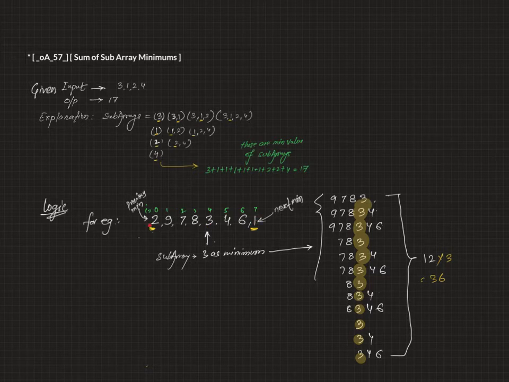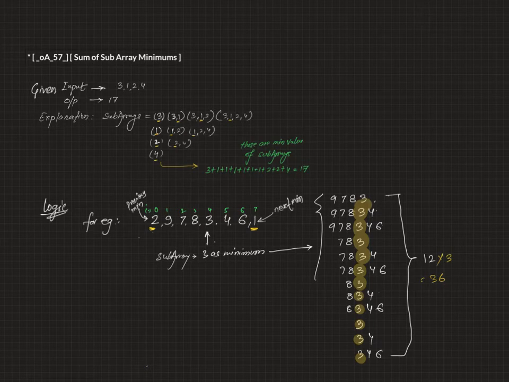The previous minimum is 2 and the next minimum is 1. If somehow we know the previous minimum and the next minimum for 3 and at what index they are, we don't have to calculate all of these; we can simply calculate this 36.